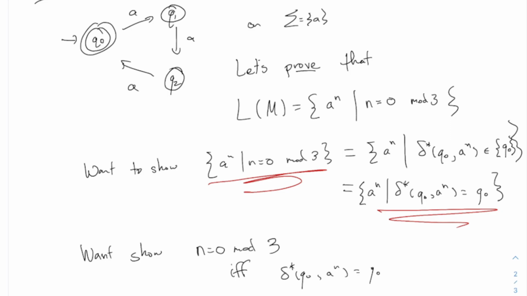This is what needs to be proved: that those two conditions which define the sets in both cases are actually the same. They're equivalent to each other. All right, can we do that? We've got to say something about δ*(q0, a^n).